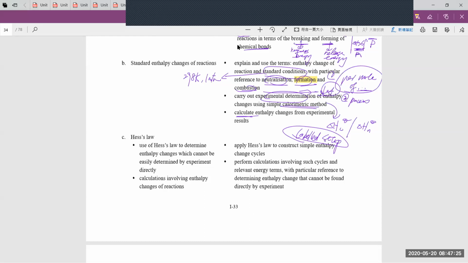Last but not least, you need to get to know about Hess's law. What is meant by Hess's law? The definition you need to know. And second, you are going to construct some enthalpy change cycles. The word simple is very interesting; I expect you to not only draw the enthalpy cycle correctly, but also do the calculations.